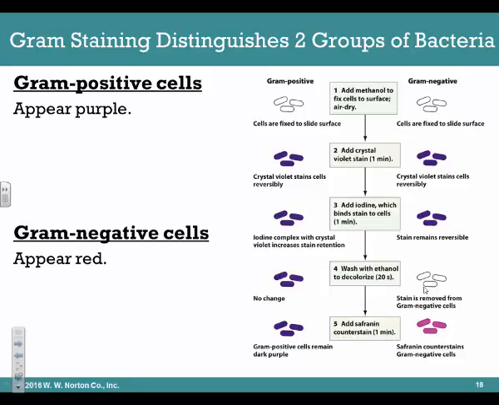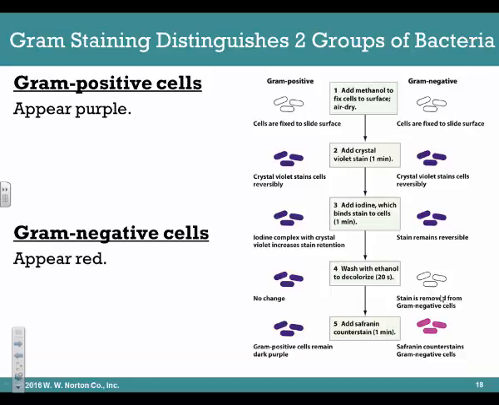And that's because the additional layer beyond the cell wall, beyond the peptidoglycan of the cell wall, is a lipid bilayer consisting of lipopolysaccharide and phospholipids, and that is really just destroyed by the addition of ethanol, and so the dye just seeps out during this decolorizing step.